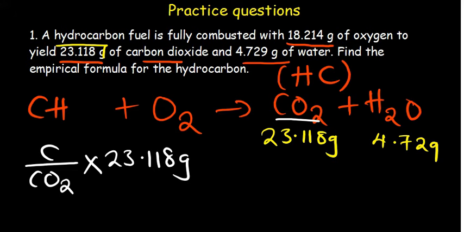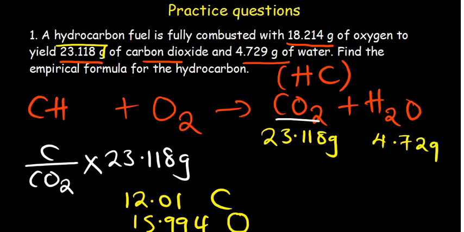If you go to your periodic table, you realize that the molar mass of carbon is 12.01, and for oxygen it is 15.994, which is approximately 16. So let's find the molar mass, the relative molecular mass, of carbon dioxide.